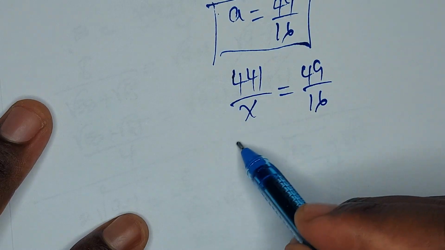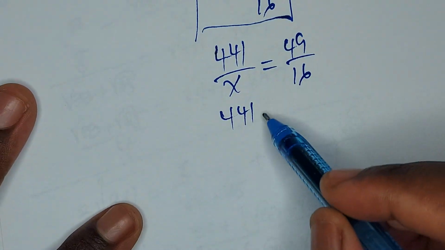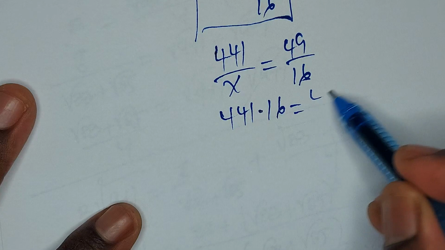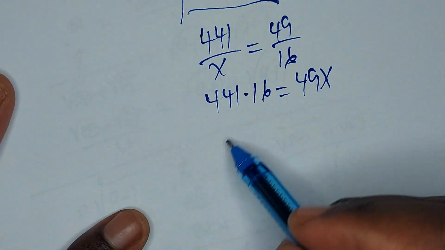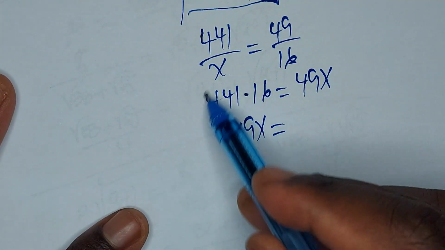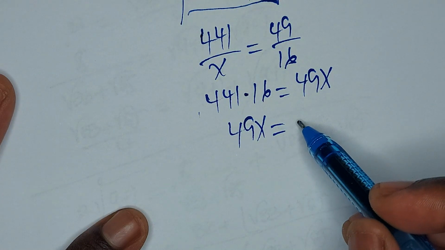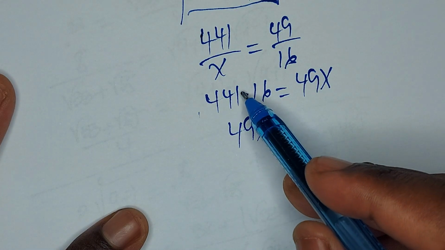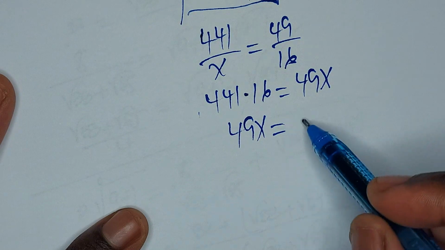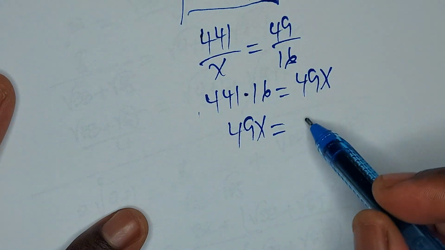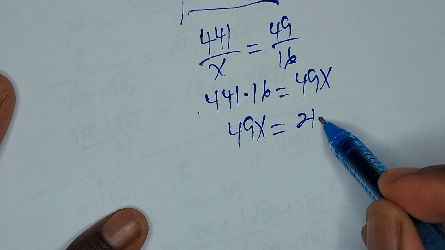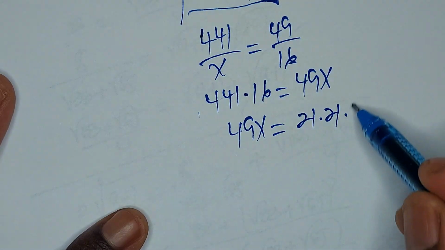So, well, we have then 441 times 16, and this is going to be 49x. Then 49x is going to be this, and this is equal to, 441 is 21 squared, so this is 21 times 21 times 16.